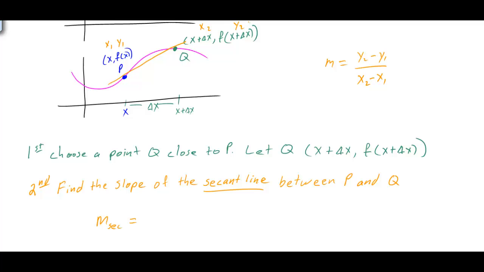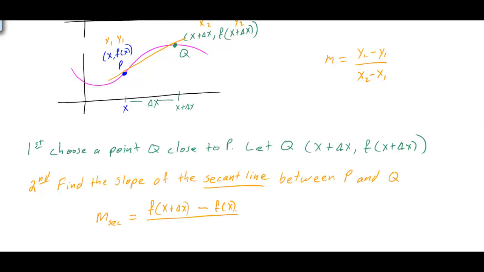So our y2 is f of x plus delta x, minus y1, which is simply f of x, and that's all divided by x2, which is x plus delta x, minus x1, which is x.